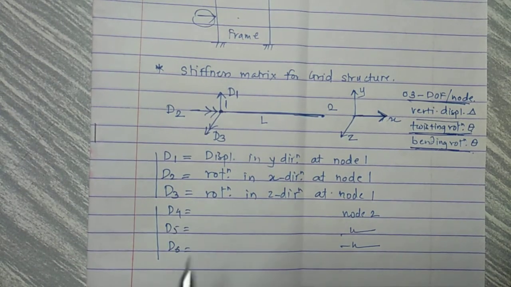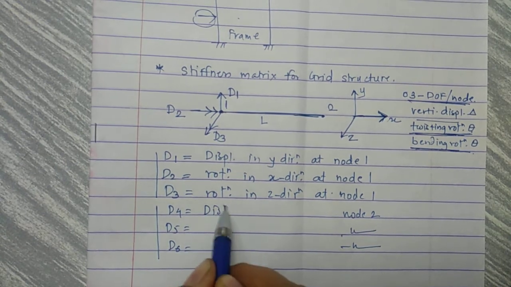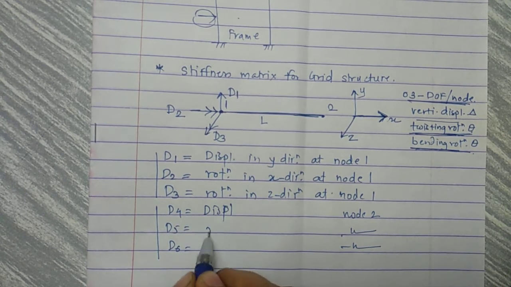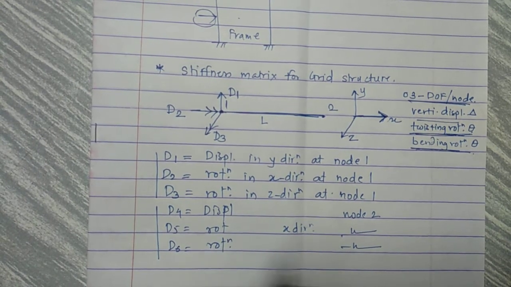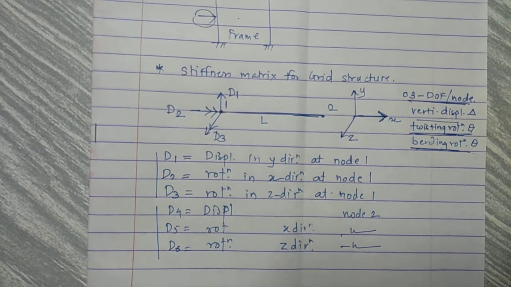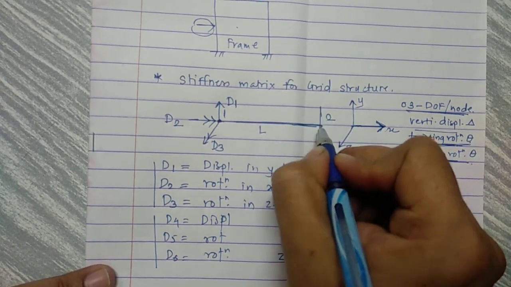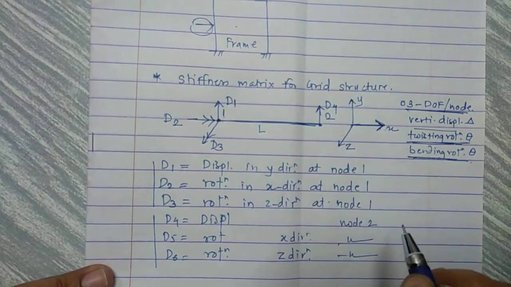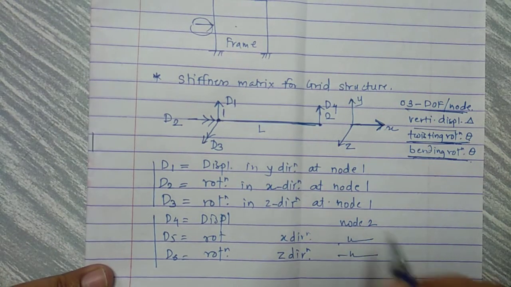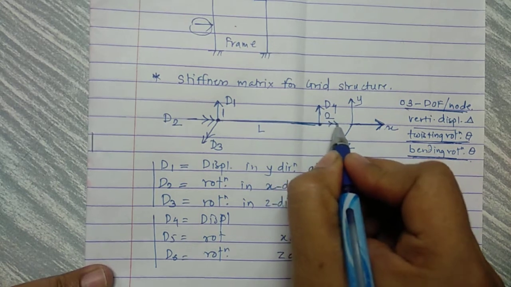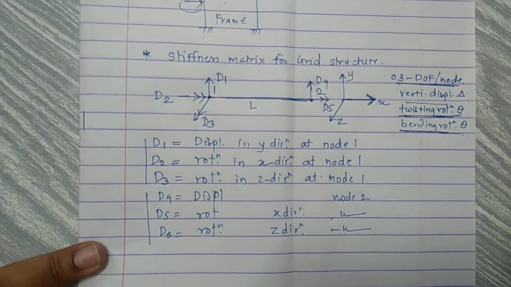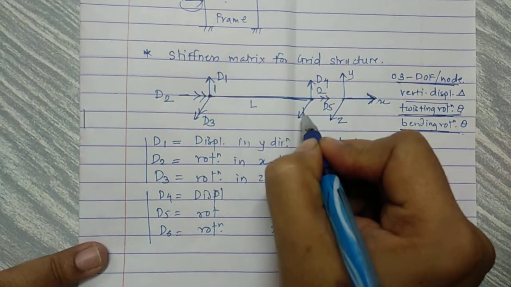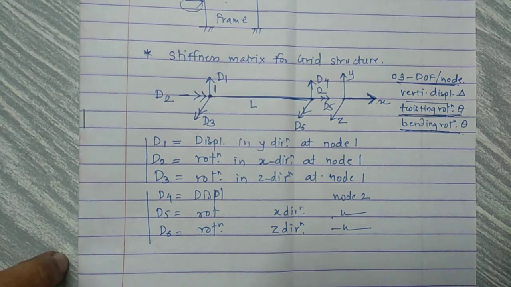Similarly these three with the same sequence: D4 is displacement in y direction at node 2, D5 is rotation in x direction at node 2, and D6 is rotation in z direction at node number 2.